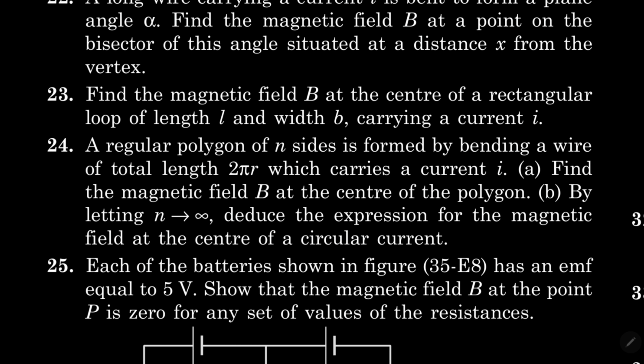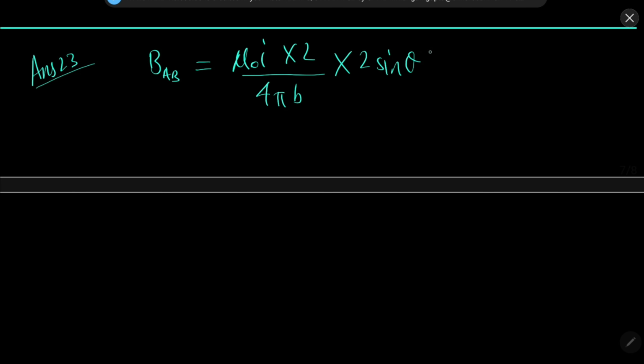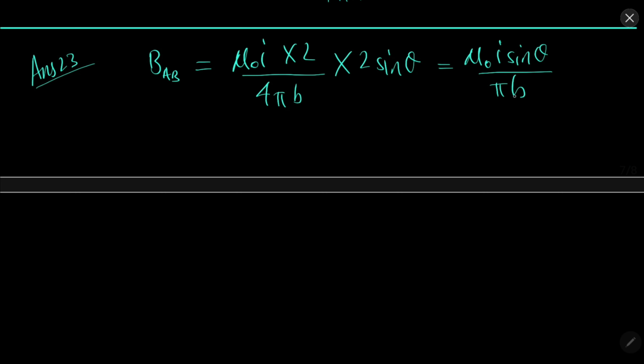In question 23, find the magnetic field B at the center of the rectangular loop. Solution 23: the magnetic field due to AB is mu naught I into 2 over 4 pi b into sin theta, which will give us mu naught I sin theta over pi b.